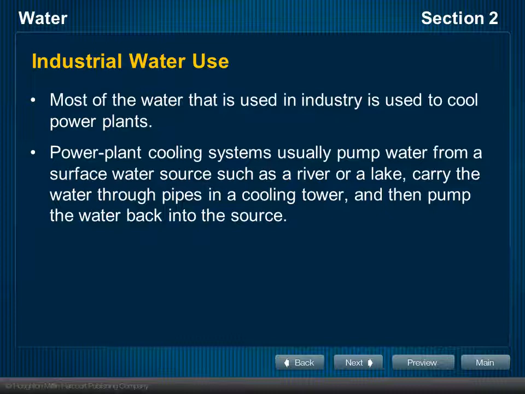They'll build the power plant on a river or on a lake, and they'll carry the water through pipes into the cooling tower. Then as the water absorbs all the heat energy, that water is released back into the source, back into the lake, back into the river. But it's being released back in very, very hot, and this has an impact on the ecosystem of that particular body of water.